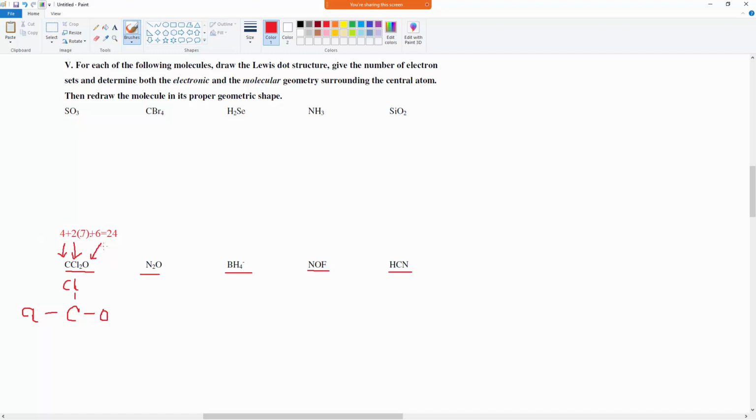All right, so how many electrons have I used now just to make this basic structure? Yeah, I've used 6. All right, so how many do I have left? Good, we've got 18 left. So now I'm going to switch colors just to keep track of what I'm doing here. Now I distribute. Step 4A says distribute on exterior atoms. So I'm going to put how many electrons on this oxygen?